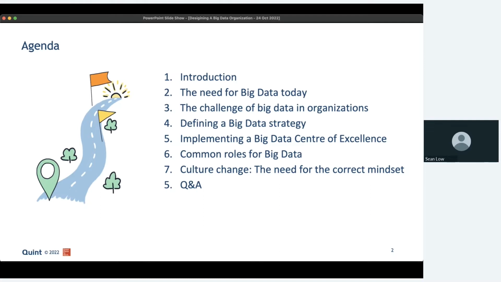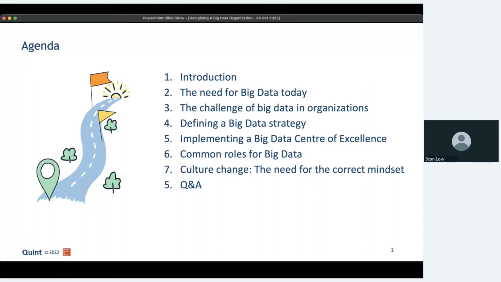So we're going to start off with a quick introduction, and then we're going to look at the need for big data today. Why is it important for us to really think about big data and how organizations need to organize themselves in big data? We're going to look at the challenges that organizations are facing in implementing or organizing themselves for big data.